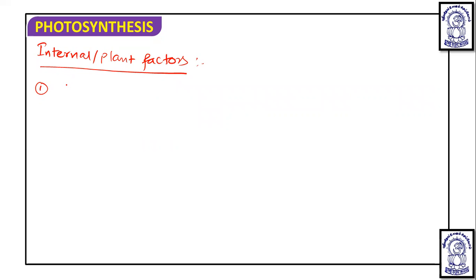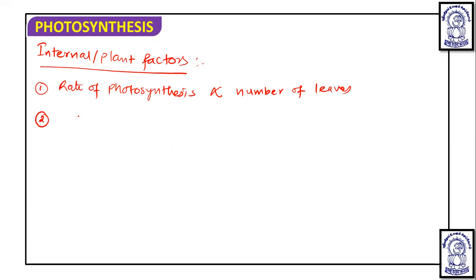It is known that the rate of photosynthesis is directly proportional to the number of leaves. The second factor is the size of leaves.